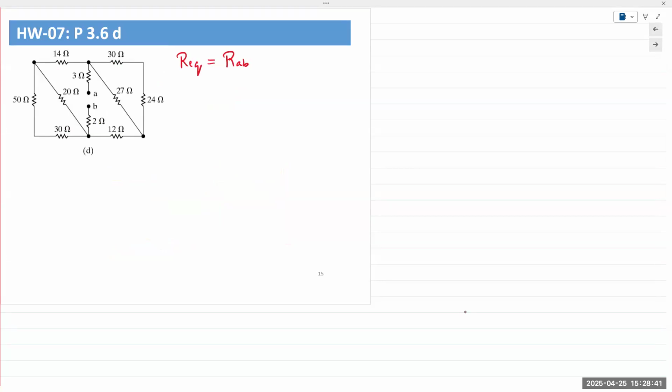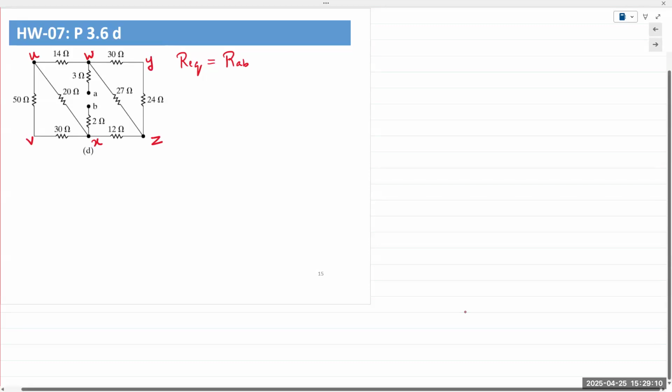So what I'm going to do is I'm going to start naming nodes. Let's start with how many nodes do we have? 1, 2, 3, 4, 5, 6. So U, V, W, X, Y, and Z. Okay, U, V, W, X, Y, Z.